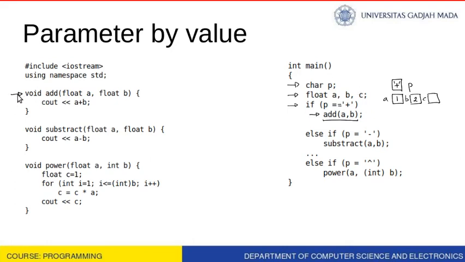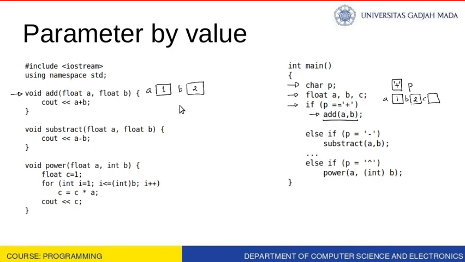Now when you execute the function call add, in the first line you have memory allocation with the names A and B, and their values are according to the function call here. What is A here? This is 1. What is B here? This is 2. So this is also 1 and 2.